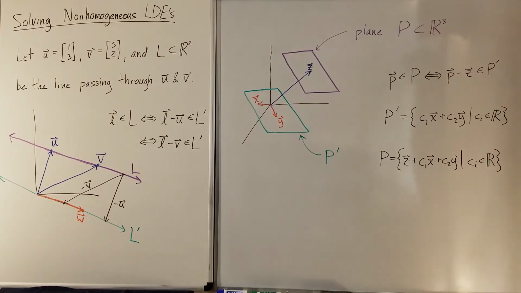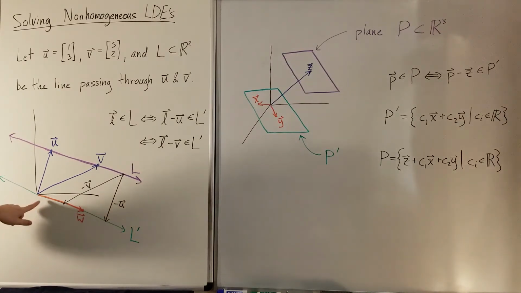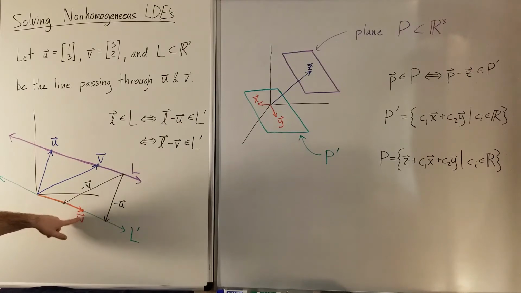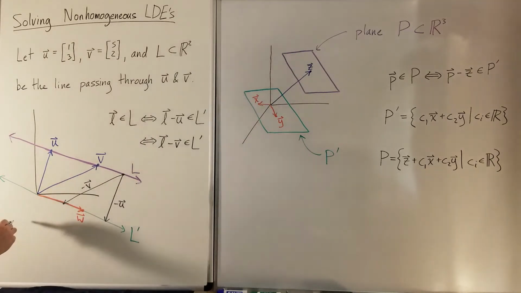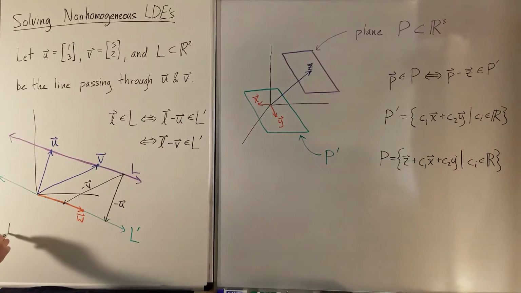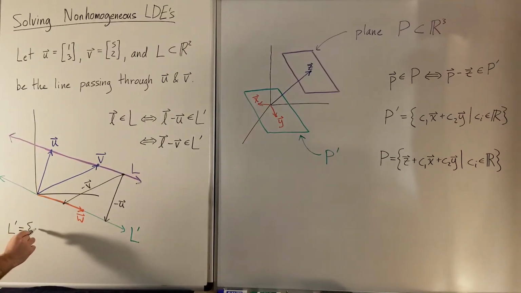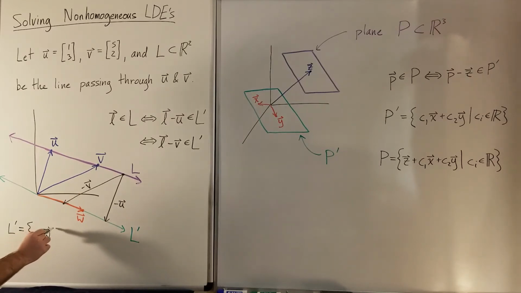Okay, so I want to take advantage of this fact. So I have this vector here drawn, w. It's lying on the line L prime. And because L prime is a subspace, a one-dimensional subspace, the set of all points on L prime look like this. We take some constant times the vector w.